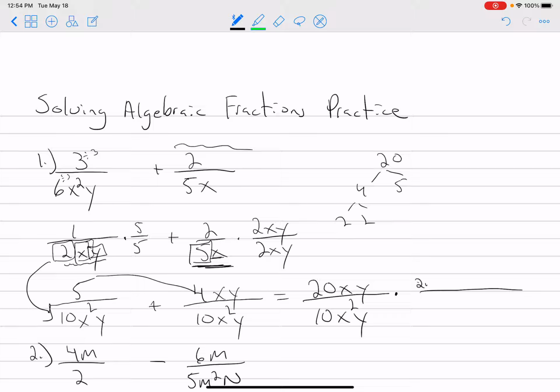So 20 is 2 times 2 times 5 times x times y. 10 is just 2 times 5 times x times y. Cancel, cancel, cancel. I'm left with 2y.